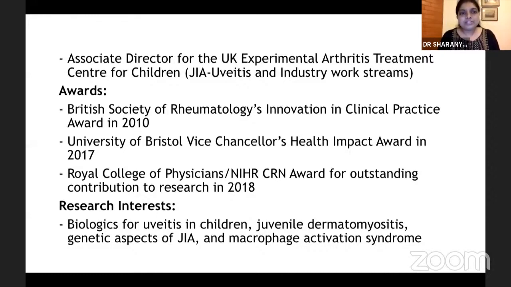Professor Ramanan is the recipient of several awards, including the British Society of Rheumatology's Innovation in Clinical Practice Award, the University of Bristol Vice-Chancellor's Health Impact Award, and the Royal College of Physicians NIHR CRM Award for Outstanding Contribution to Research. His research interests, among several others, include biologics for uveitis in children, juvenile dermatomyositis, genetic aspects of JIA, and macrophage activation syndrome.